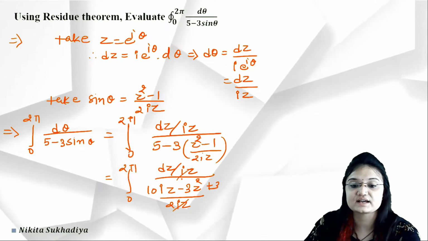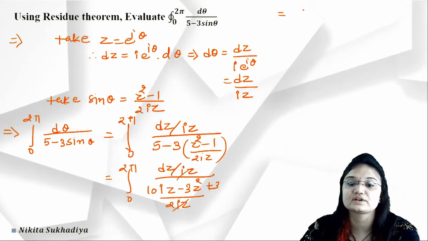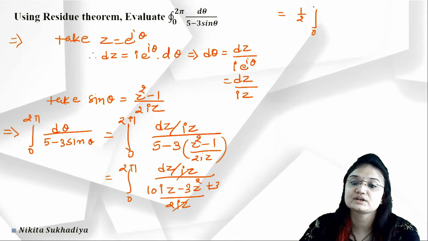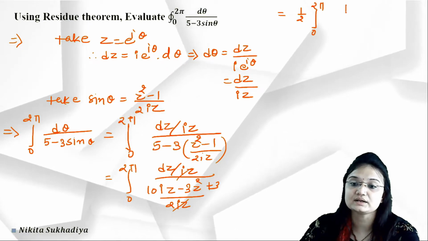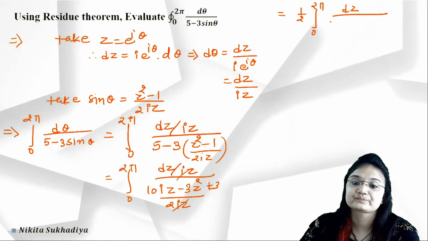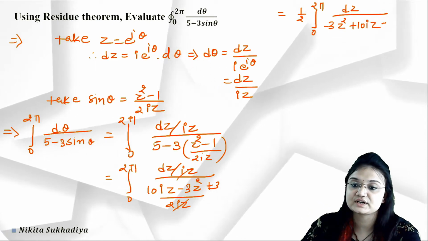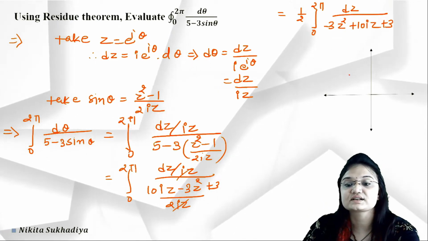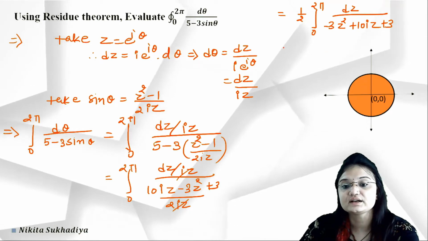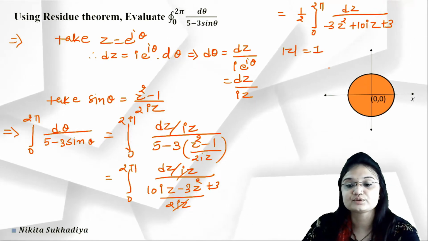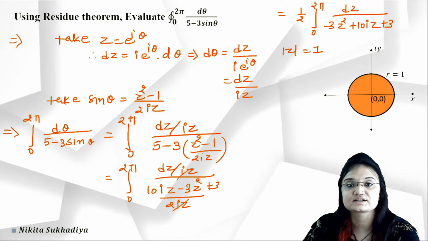The iz in both cancel out, so we get 1 by 2 times the integration of dz upon minus 3z squared plus 10iz plus 3, where C is the circle with modulus of z equal to 1, that is, center point (0, 0) and radius r equal to 1.